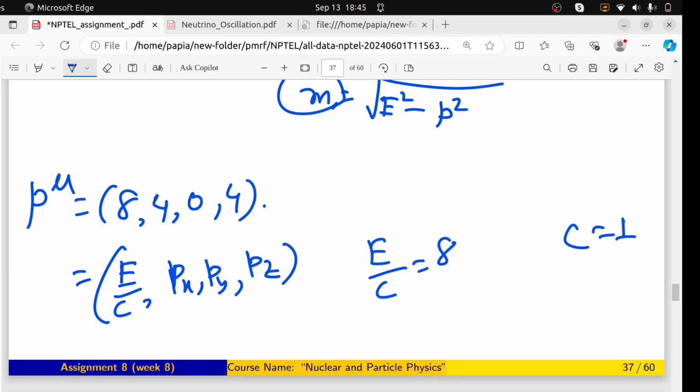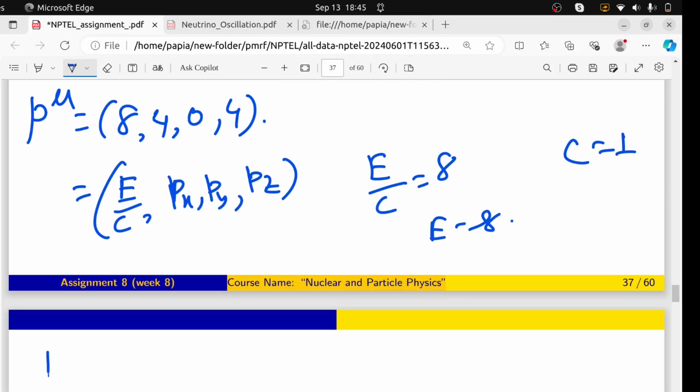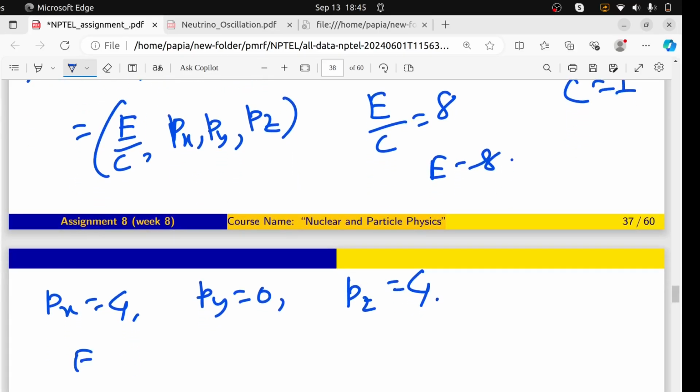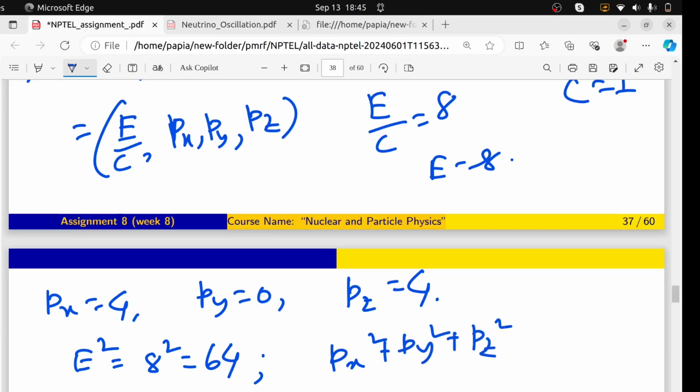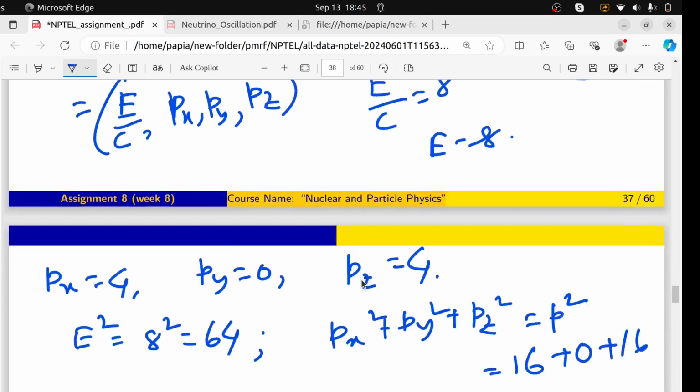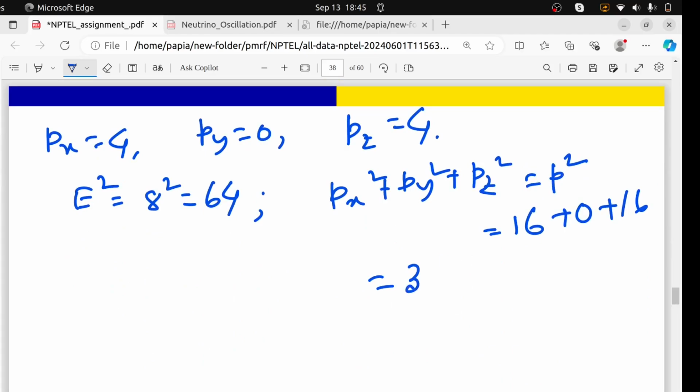Obviously c equals 1, so E will be 8 simply. And now Px is 4, Py is 0, Pz is again 4. Then E square will be 8 square, 64. Px square plus Py square plus Pz square is P square, that is 16 plus 0 plus 16, so it will be 32.